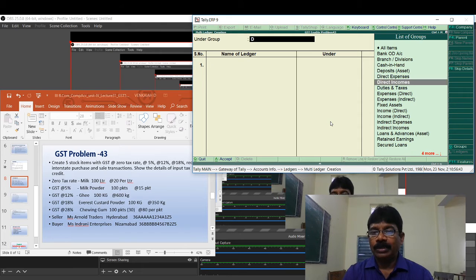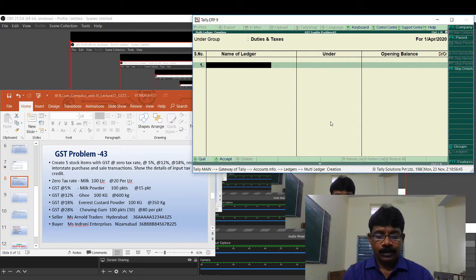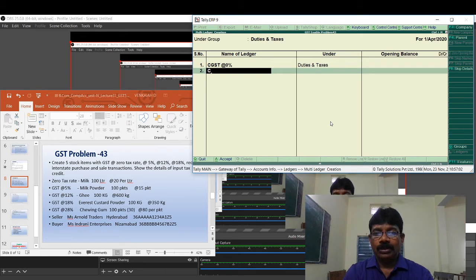Under duties and taxes, GST at the rate of 0. GST at the rate of 5%.